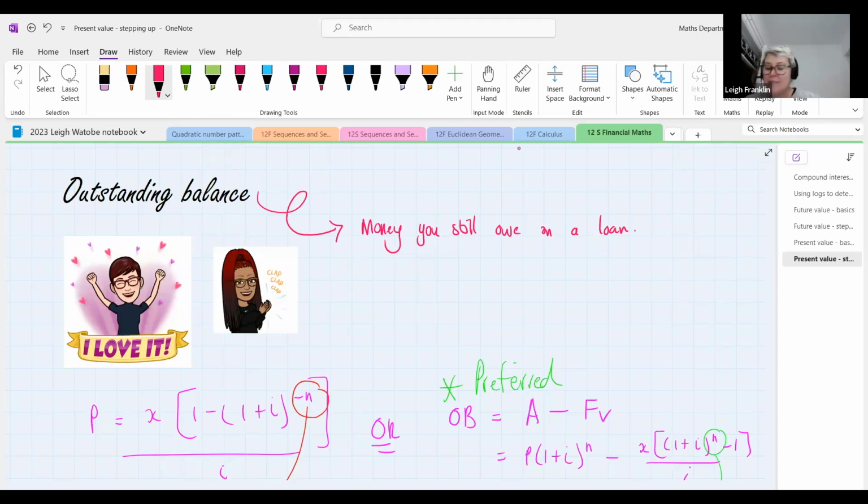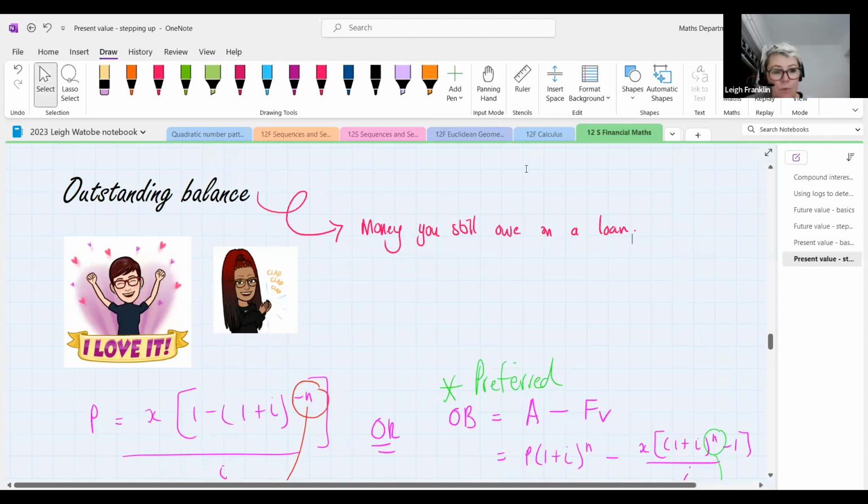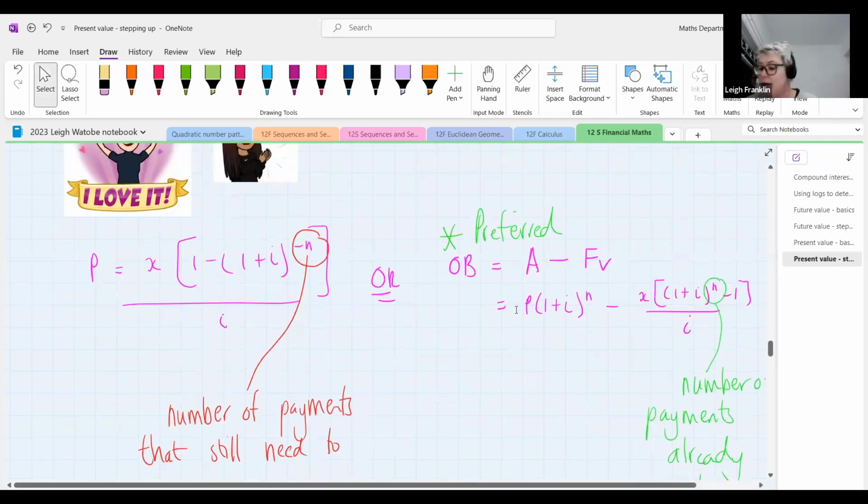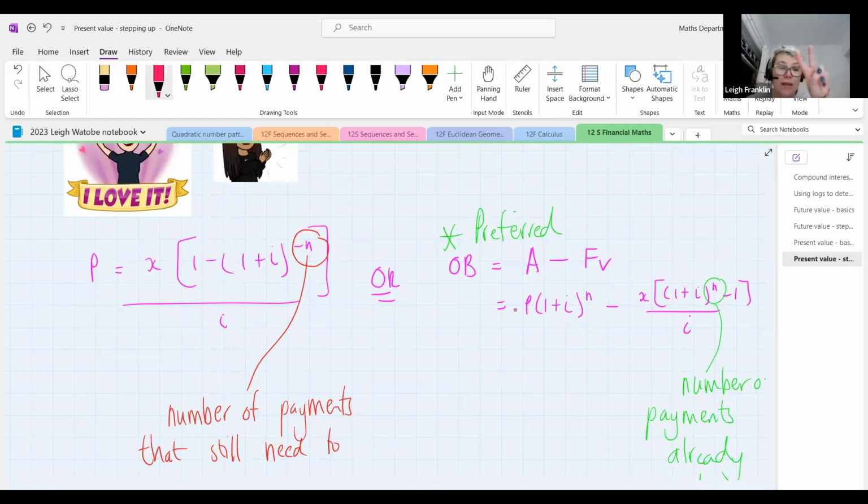It is calculated as the difference between the value of the loan and the future value of the payments, or we can use present value to calculate the amount of money that we still owe, as a present value annuity. So there are two ways outstanding balance can be calculated.